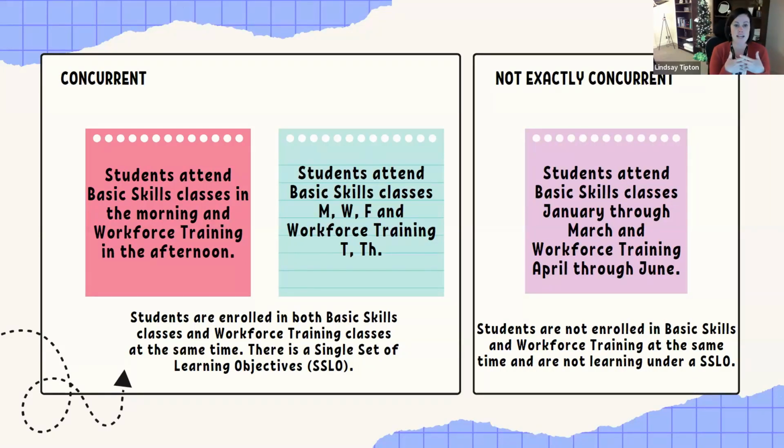Because really the idea of an IET is that both pieces are supporting one another, and that's what makes it a beautiful thing: when they're happening together, both are stronger. So that's usually what we shoot for, but sometimes based on scheduling it's not possible.